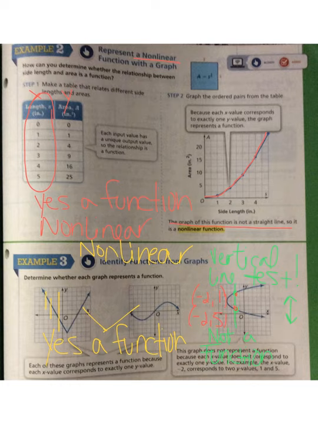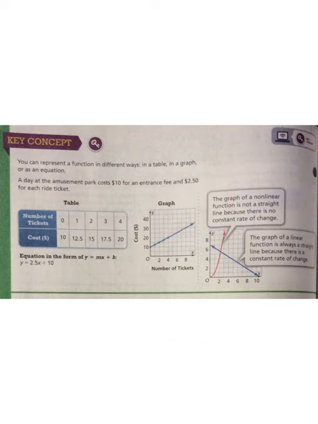Let's go ahead and look at the key concept and summarize it here. Looking at my key concept box, it says that you can represent a function in different ways. We have a table, we have a graph, we have an equation. We've looked at arrow diagrams, and we've also looked at ordered pairs. So those are the 5 different representations.